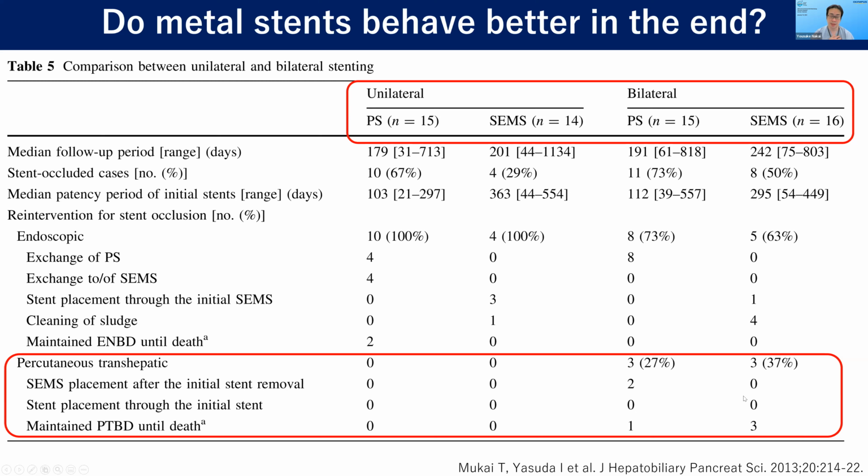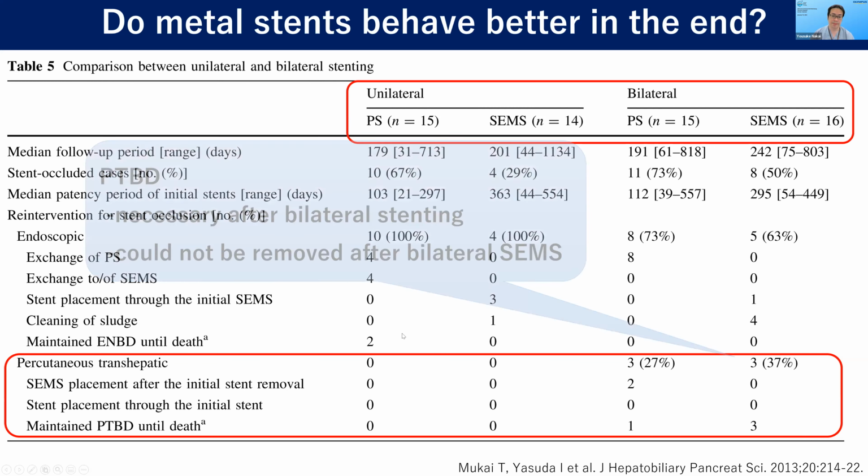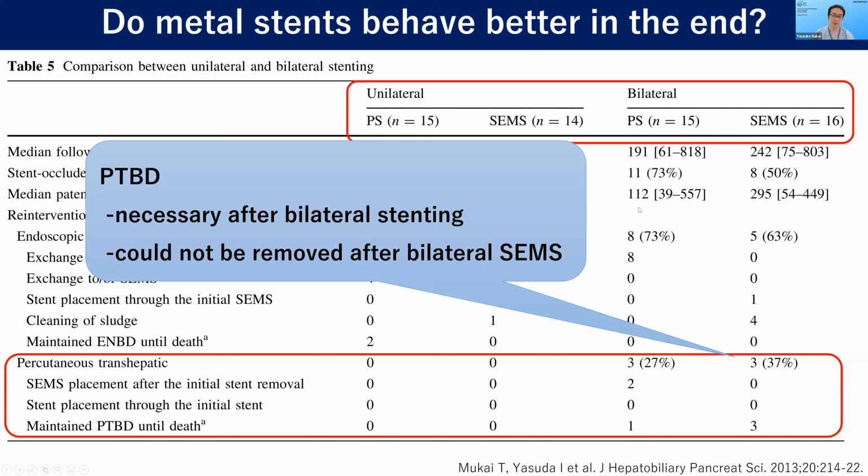So because of the complex stenting in the hilar area, we have to think about this. If we put two or three stents in the hilar, in the long term, we may need a PTBD, and we couldn't remove the PTBD tube after bilateral metal stent. So it may decrease the quality of life of the patient in the later stage.